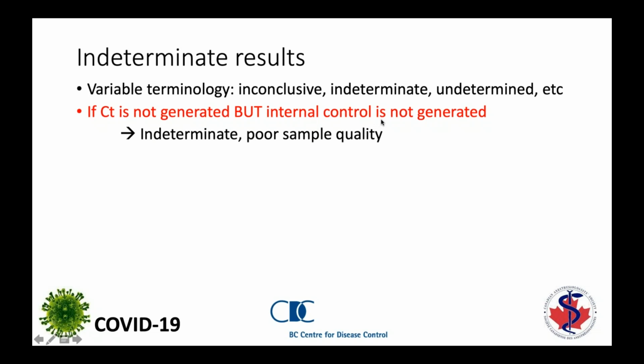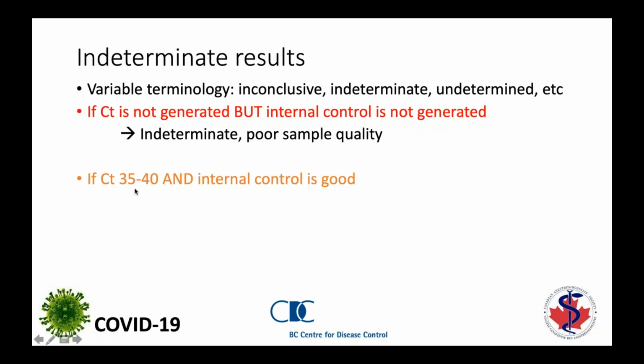So this is an indication that there is insufficient sample presence in the submitted sample, and an indicator of poor sample quality. So probably the NP swab wasn't in the deep nares long enough, and there weren't sufficient cells collected onto the head of the swab.